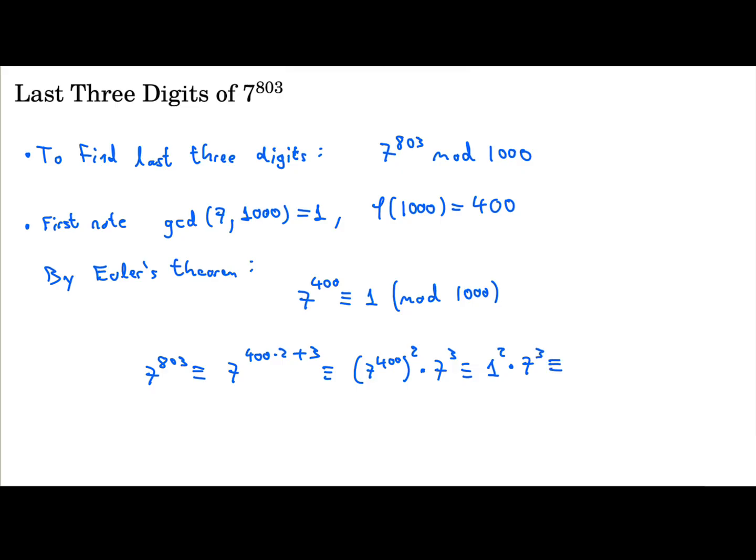And so 7 times 7 is 49, times 7 is 343 mod 1000, which means that the last three digits of this huge number, 7 to the power of 803, are going to be 343. And you can compute all of this just by hand. So you can really find the last three digits of this just by hand using Euler's theorem.